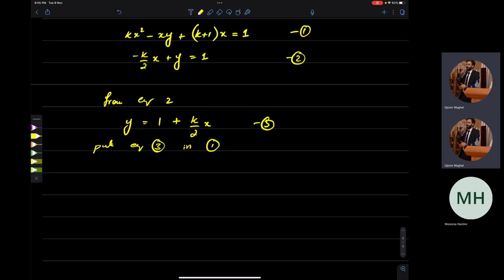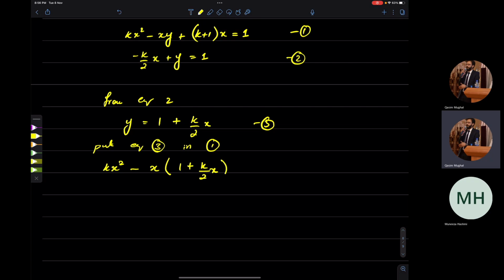That will leave us with kx squared minus x, and then for y, I'm going to put 1 plus k over 2 x, plus k plus 1 into x equals 1. All right, that doesn't look in shape, so I'll be expanding it.